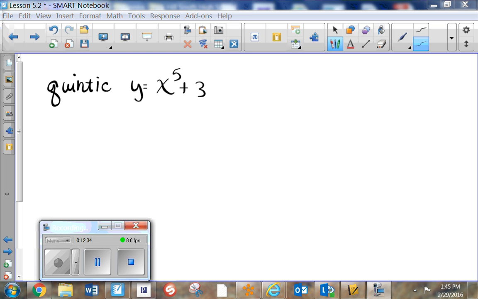Yeah, it's a squiggly again. Looks like the cubic. It should look just like the cubic. I'm exaggerating it, but it still starts low, has one kink in it, ends high, right?